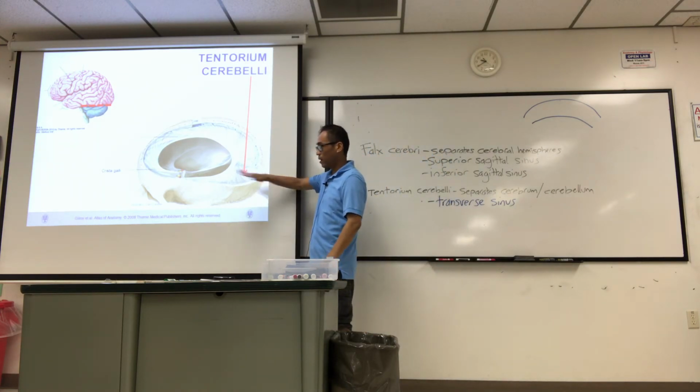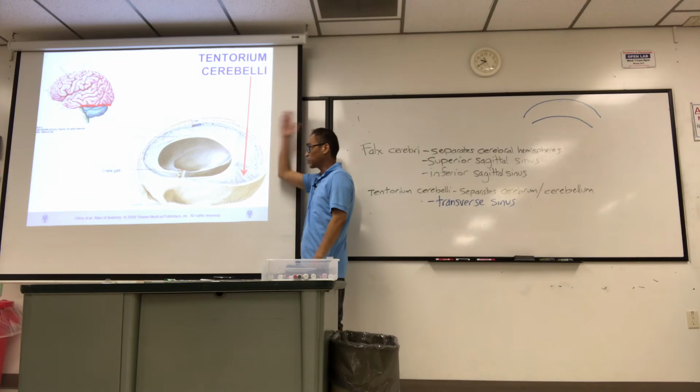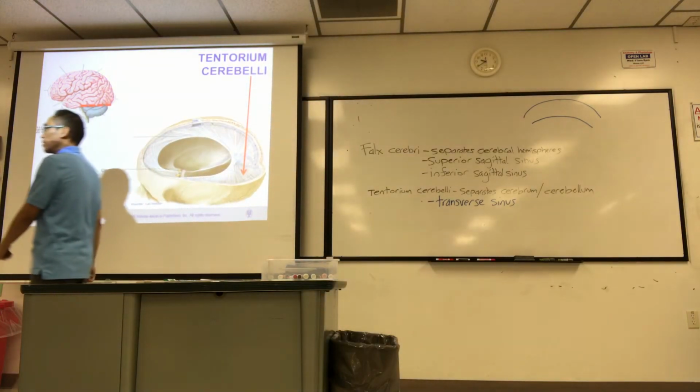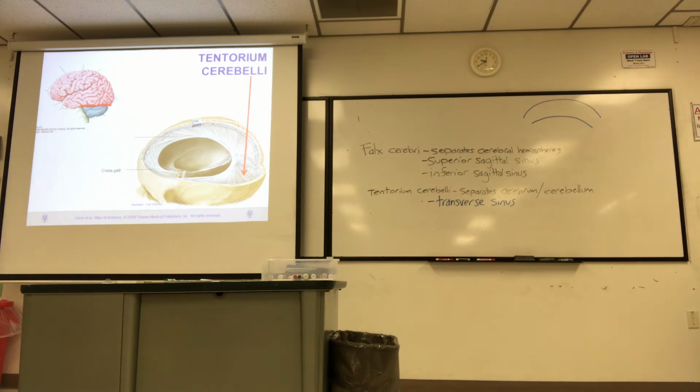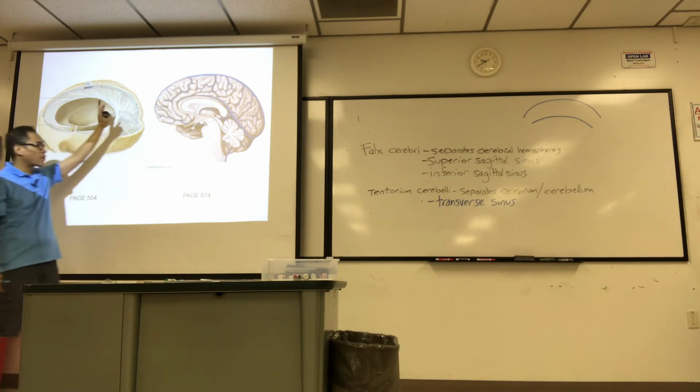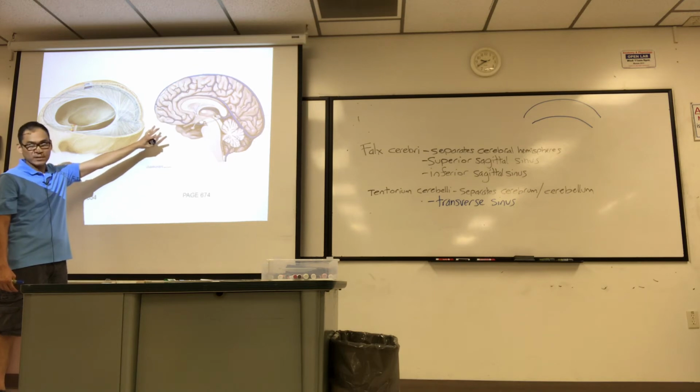If you cut this way, it's in the sagittal plane, and you have these two. So I give you different views. This is a view of the dural sinuses in the dural septa. You can study them right on the brain too. They just look like regular blood vessels.